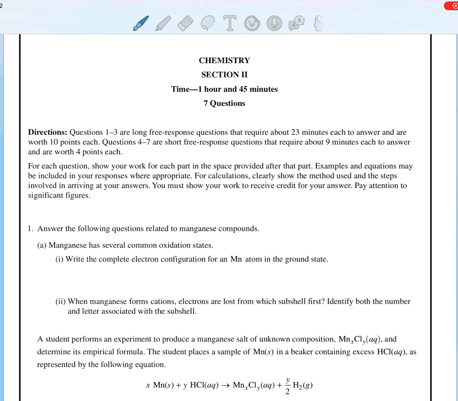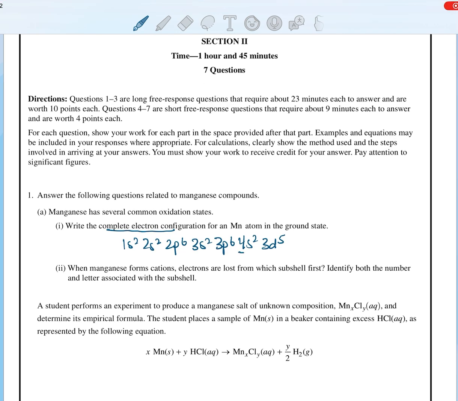So my final answer here, the complete electron configuration is 1s2, 2s2, 2p6, 3s2, 3p6, 4s2, 3d5. And notice here that the number 4 comes before 3, and that has to do with electron filling. So we do have to put it in this order because this electron filling pattern is based on energy.